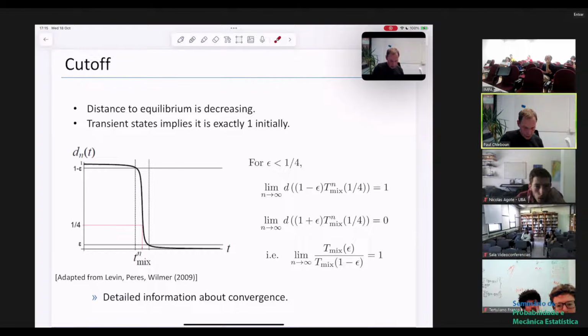So this idea of cutoff says that the window over which this total variation distance shrinks from being close to 1 to being close to 0 is growing slower than the total variation mixing time itself. It's of lower order.